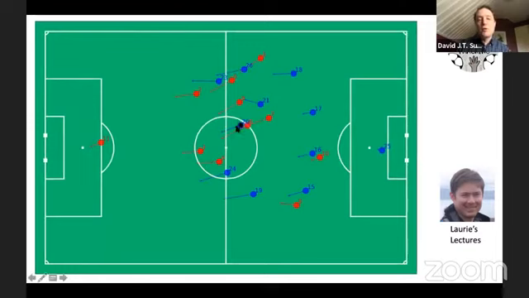So Laurie has also added vectors here, calculating the movement of the players. And the way he does that, as he illustrates in the video, looks at the difference in where they've actually moved over a number of time frames.